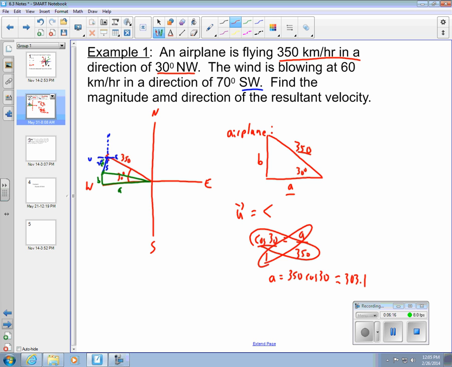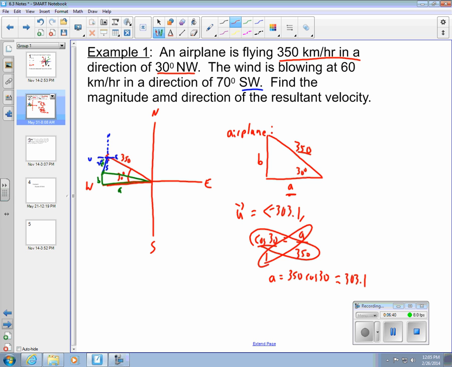Remember, your calculator has to be in degrees because we're working with degrees here. Notice we're going over here in the second quadrant, so we're going negative for A and then positive for B. We're going over negative and then up B, which has to be positive. So A is negative. Make sure you do that, because the number one mistake on the test is your negatives and your positives.